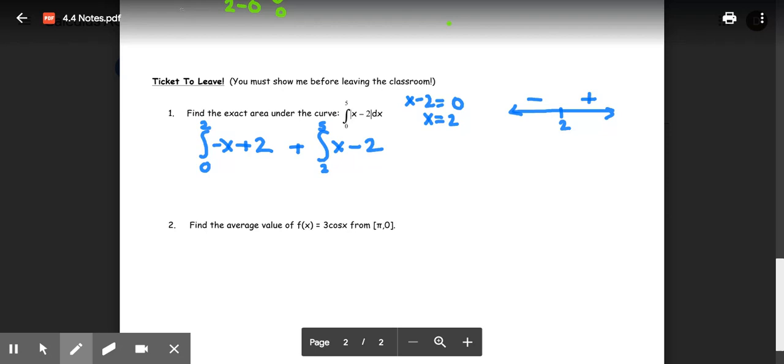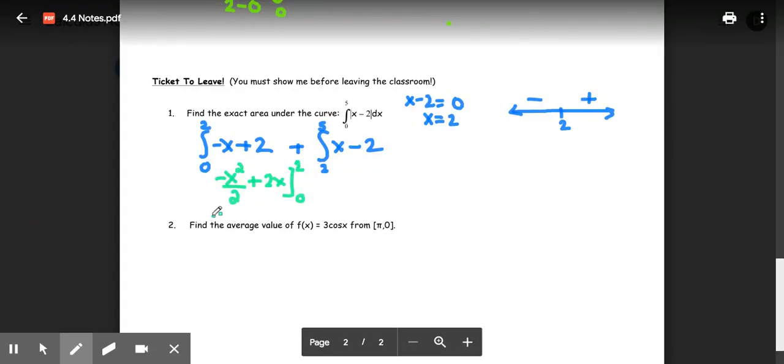Okay, so now I'm going to integrate each one separately. When I integrate, I get negative x squared over 2 plus 2x, and then you're going from 0 to 2. The number you plug in first is this top number.